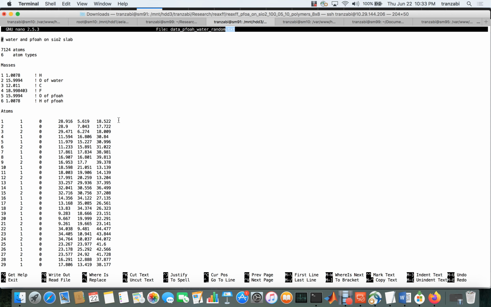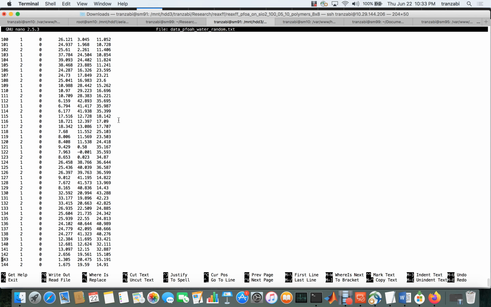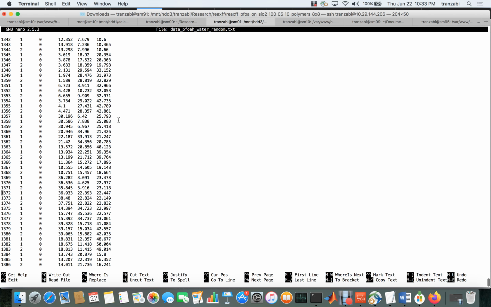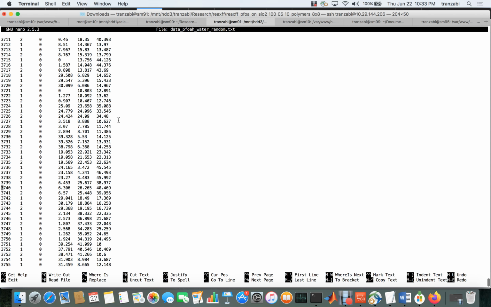If this can be done in Python, then Python is going to generate the output file from PACMO, and then convert that into this input format that we have on the screen. That is the end of it. If you go down to about 7,000 lines here, that is the end of this block, and there's nothing after that. So I have to quickly scroll down to get to 7,000 lines there.